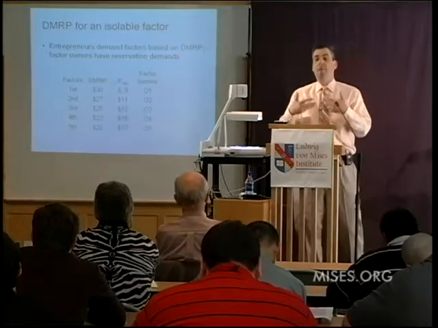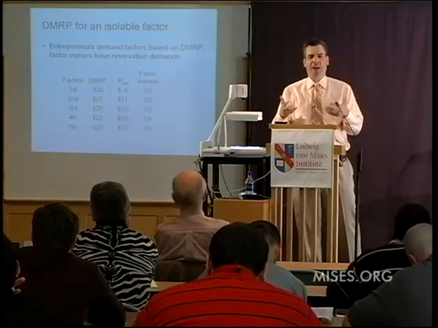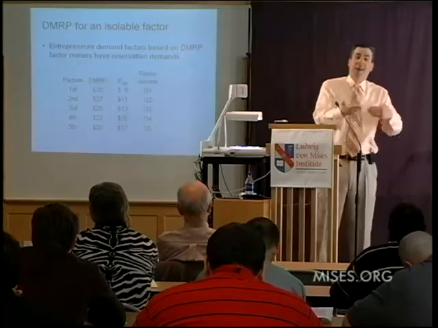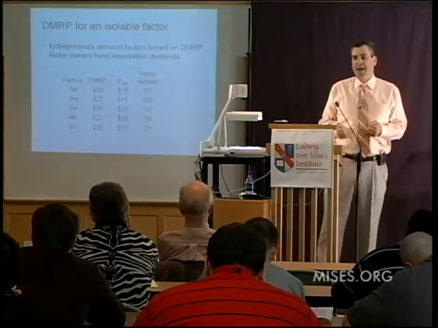You would employ the most valuable service unit of the factor first, and then only employ the next most valuable service unit second, and so on. So the point is that the discounted marginal revenue product is decreasing in the use of the factor as we add additional units of the factor.